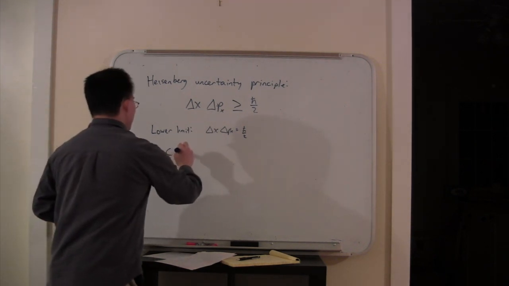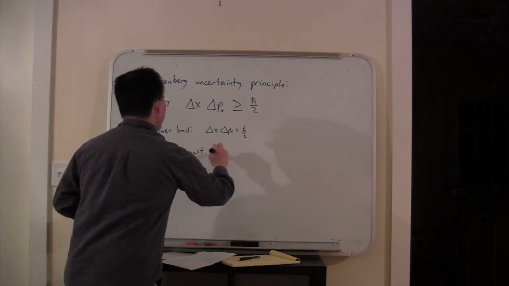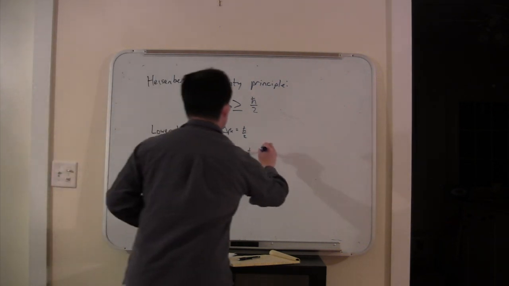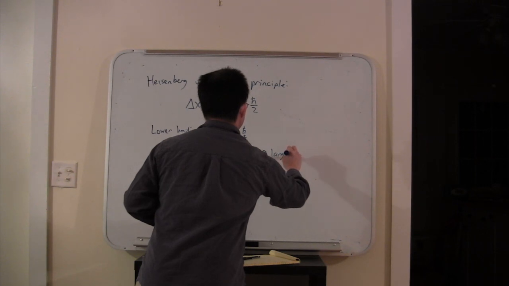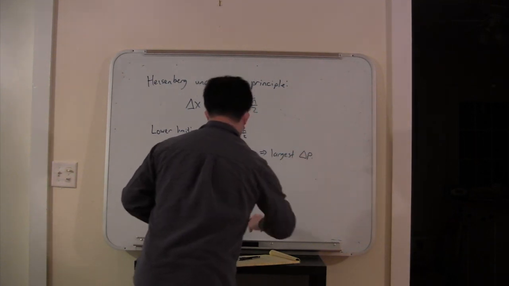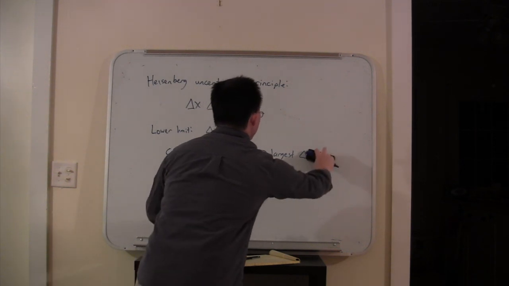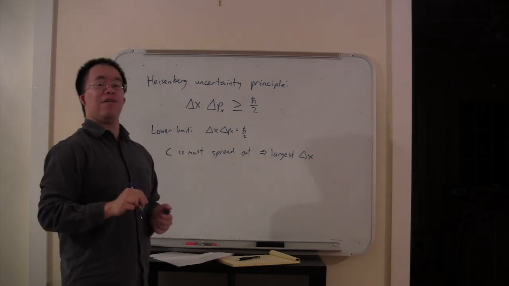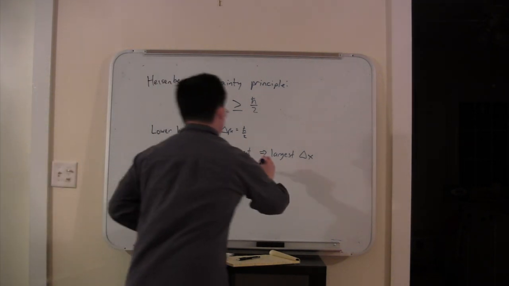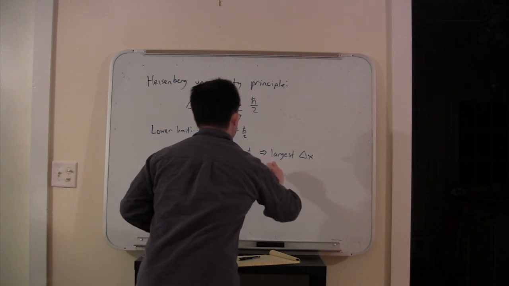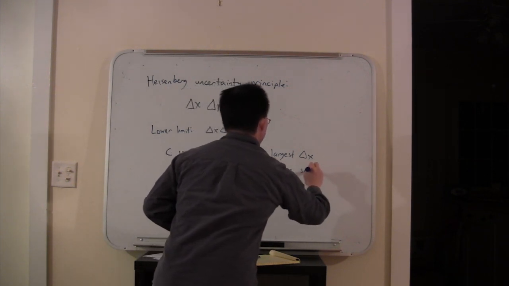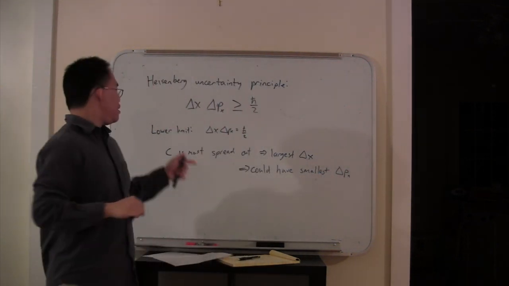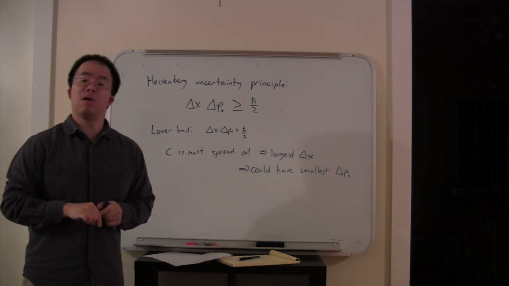So C is most spread out, so it has the largest delta x, and therefore it could have the smallest uncertainty in momentum, delta px, or in other words, it's C that could have its velocity known most precisely.